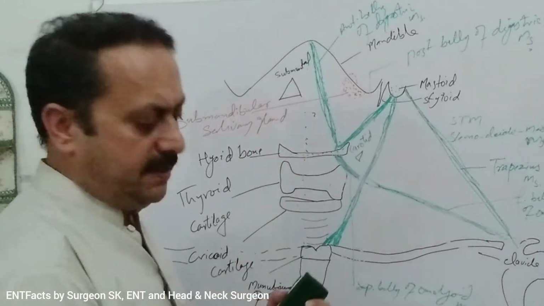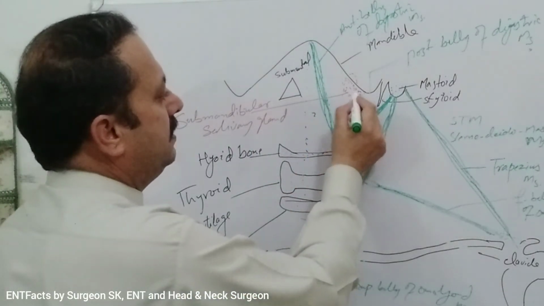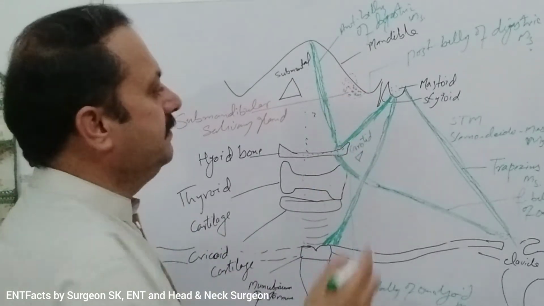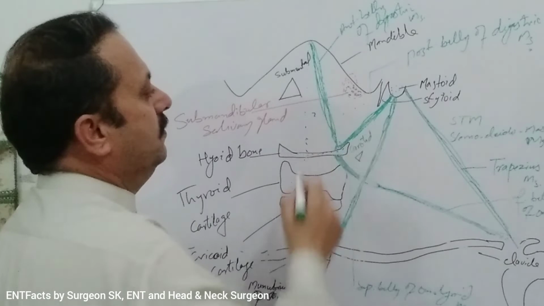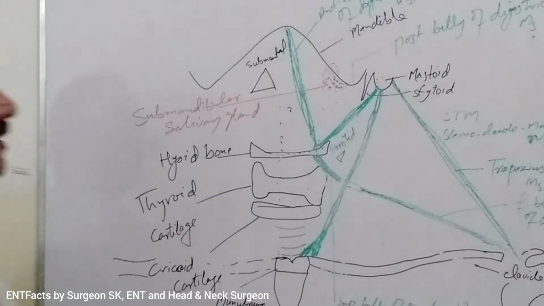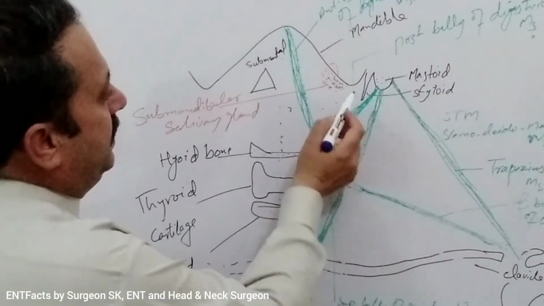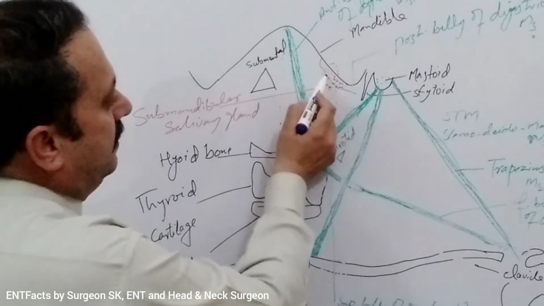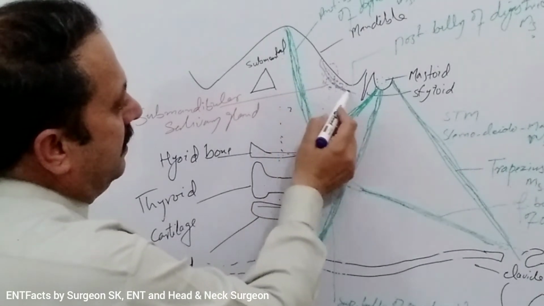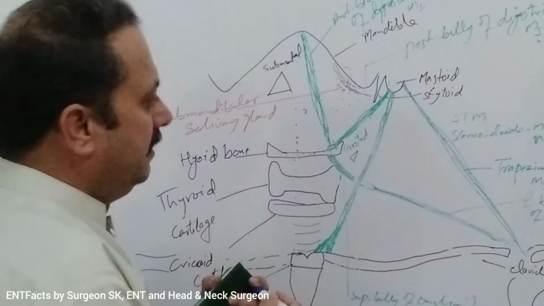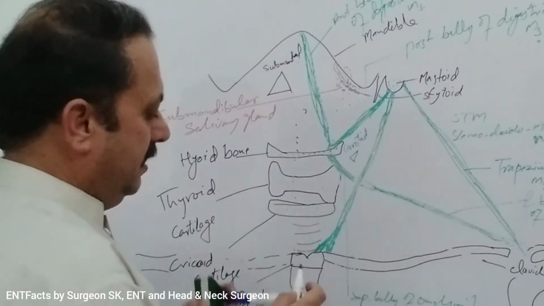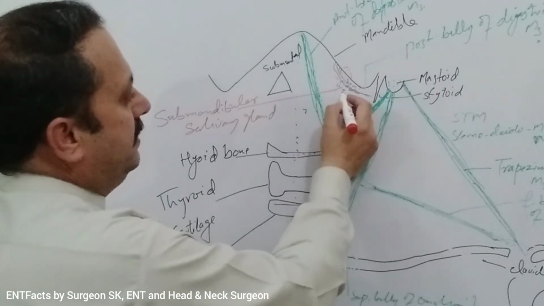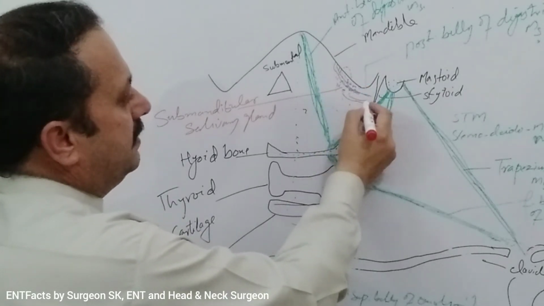Other important structures are the lymph nodes, which lie on the superficial part of this gland, and other lymphatics and lymph nodes in this area. It also contains the facial vein coming from the face, in front of this gland, that lies superficial to the gland. While another important thing is the facial artery, which lies deep to this salivary gland.